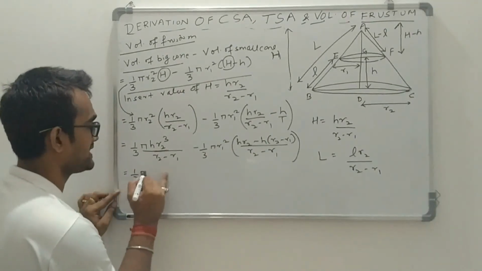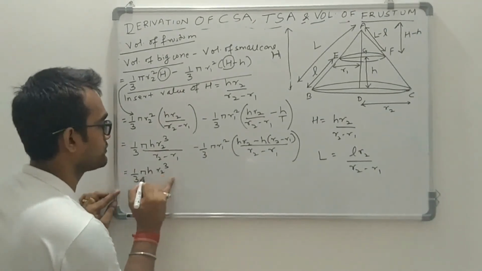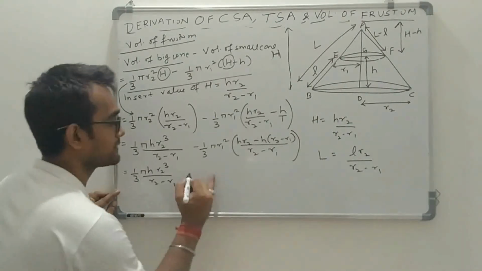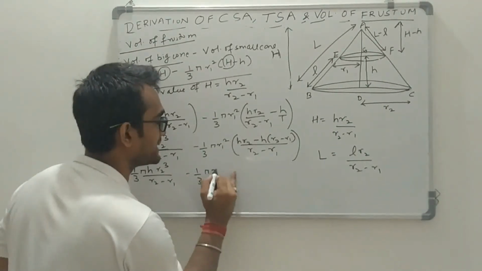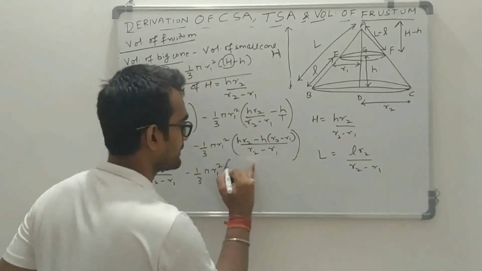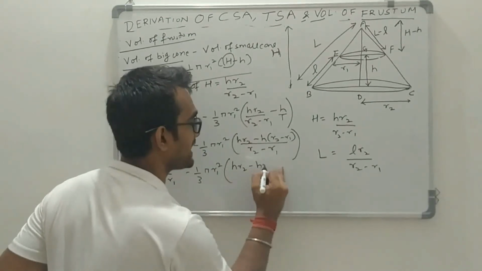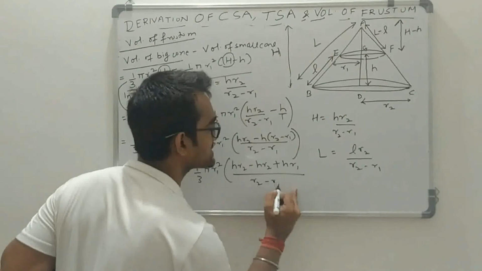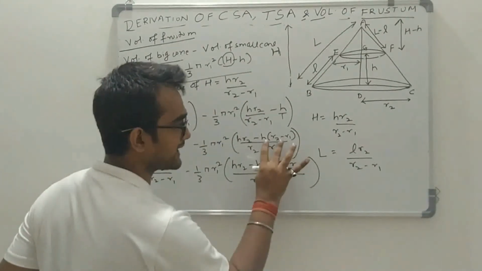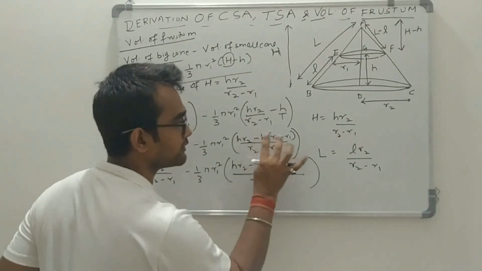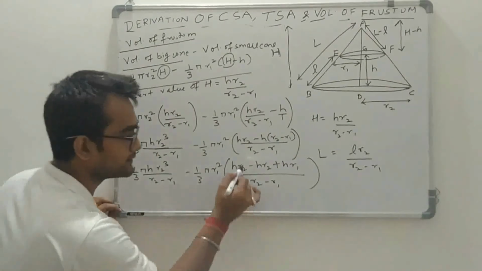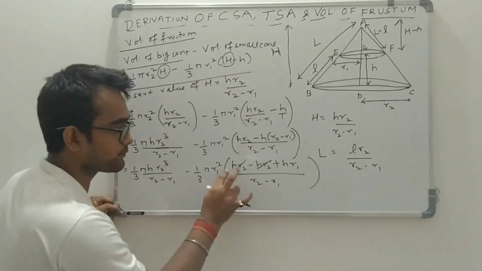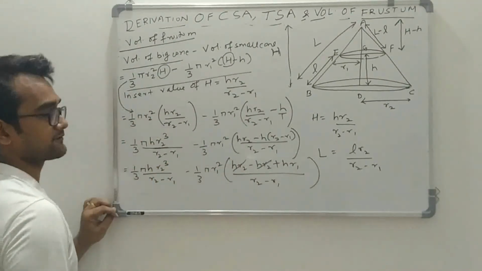Then 1 by 3 pi h r2 cube upon r2 minus r1 minus 1 by 3 pi r1 square into hr2 minus hr2 plus hr1 upon r2 minus r1. I have opened this bracket, it will be minus hr2 and plus hr1. These two will get cancelled because this is positive and this is negative.